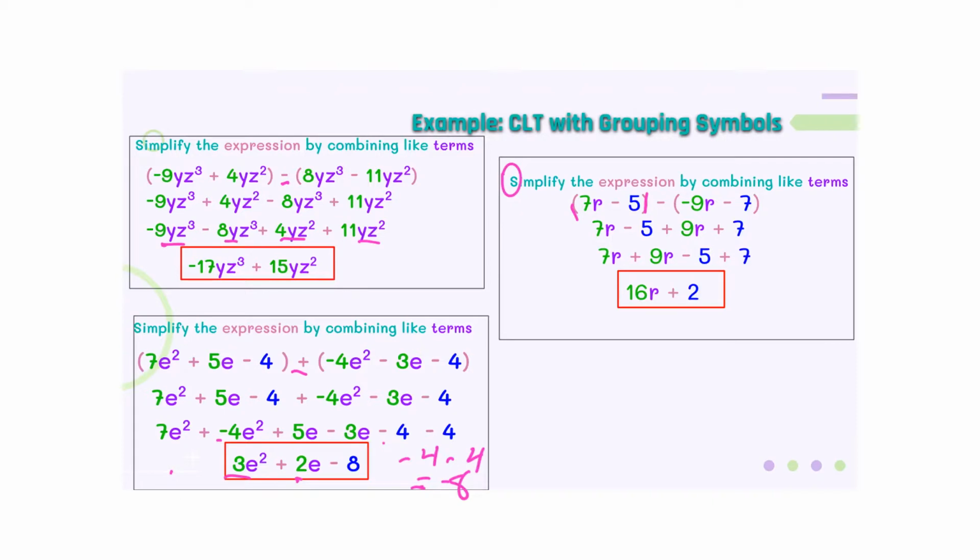So what I did was, minus a negative 9r turns to a positive 9r. A negative 7 turns to a positive 7. Then I rearranged to put my like terms next to each other, simplified to get 16r plus 2.